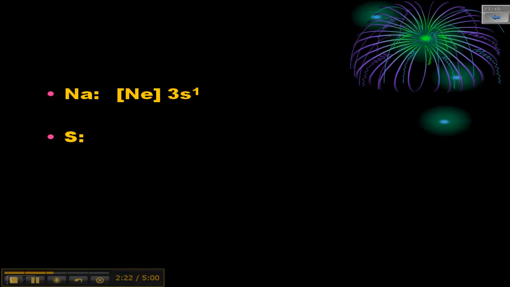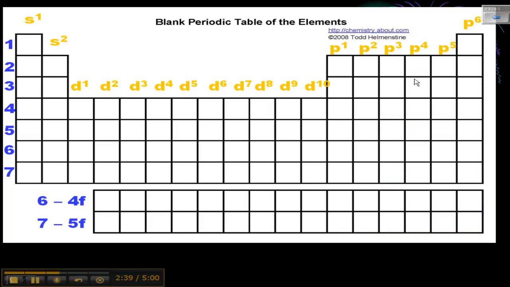For sulfur, it is in the 16th column, the chalcogens. So the noble gas that comes before that is neon as well. And then we have to fill up the row up to sulfur. So let me pop back to this slide. So sulfur is right here. Okay, so we have to account for these 3s electrons and then our p electrons till we get to sulfur.